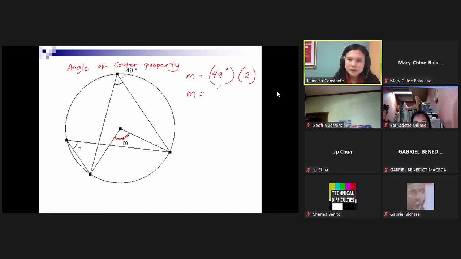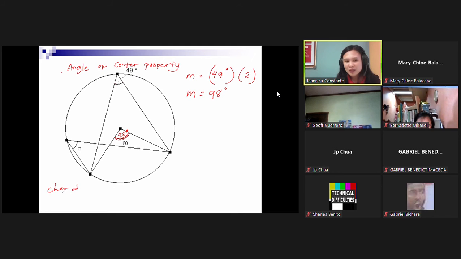So we have 98 as the measurement of our central angle. So angle M has a measurement of 98 degrees. So let's solve for the angle N. You can either choose to use the chord property, or you can use the angle of center property. You will have the same answer.